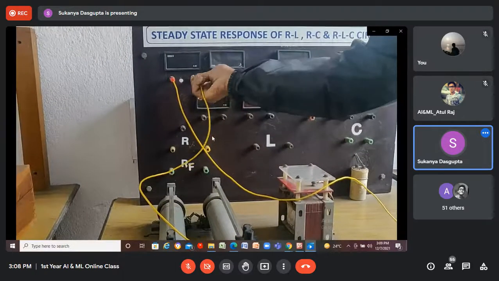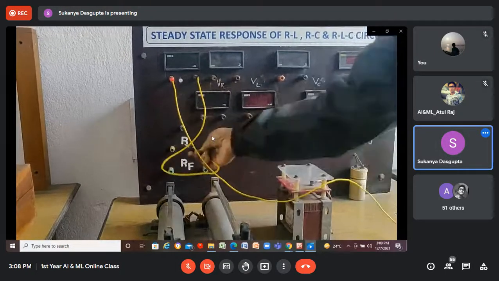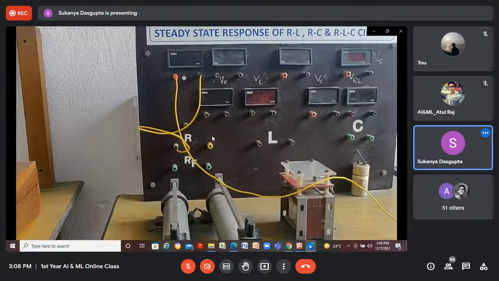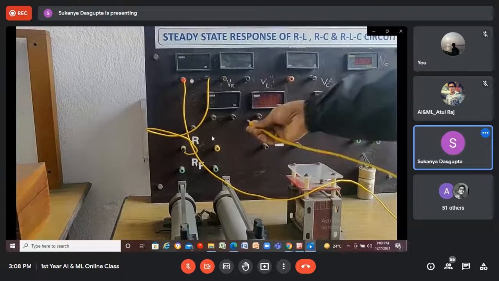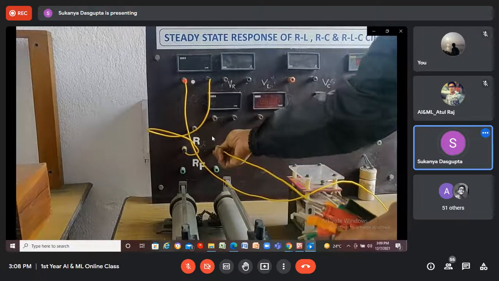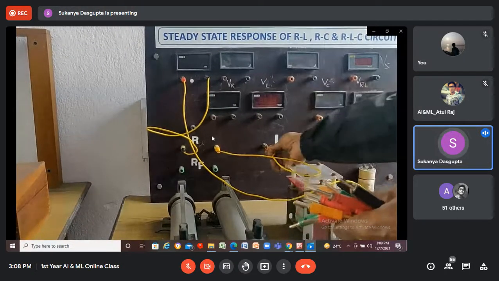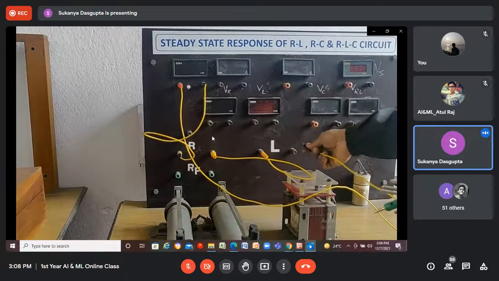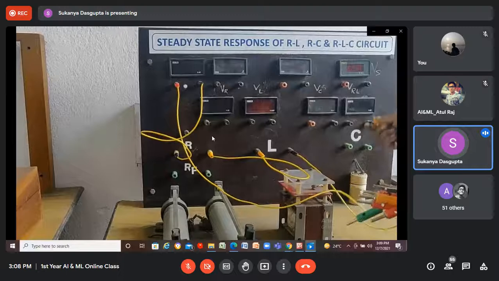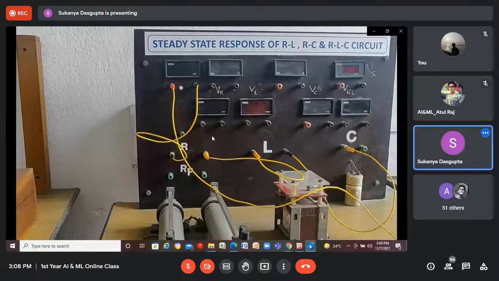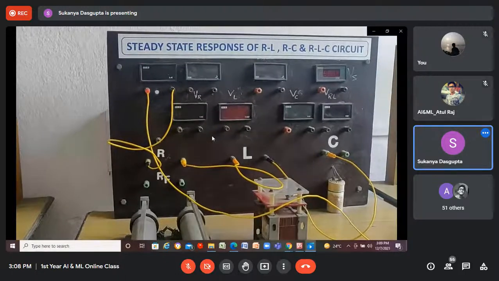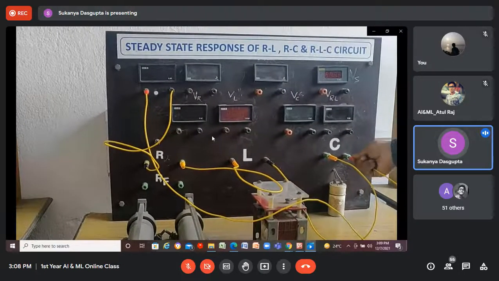Ammeter to resistance. Resistance to C. C to neutral.